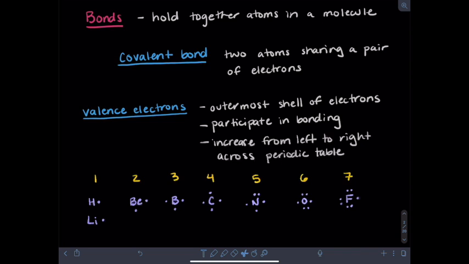Next is beryllium, which has two valence electrons. Going across the periodic table, moving to the right, we have boron with 3 valence electrons, carbon with 4, nitrogen with 5, oxygen with 6, and fluorine with 7.